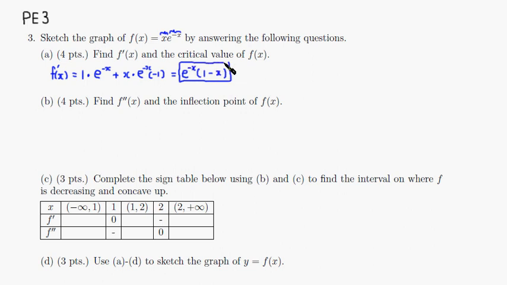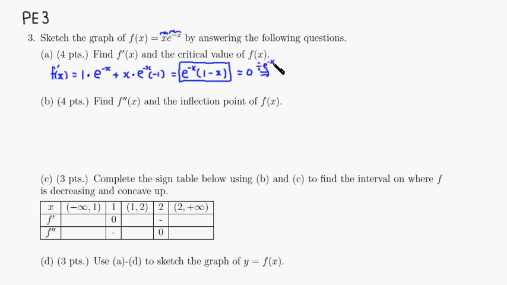So f prime of x. Then we can find a critical number by setting that equal to 0. Since e to the negative x is never 0, you can divide through by e to the negative x.